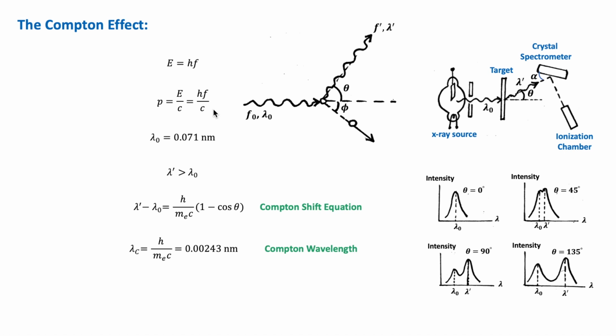So in this quantum model, the electron is scattered through an angle of phi, as if it is like a billiard ball collision.